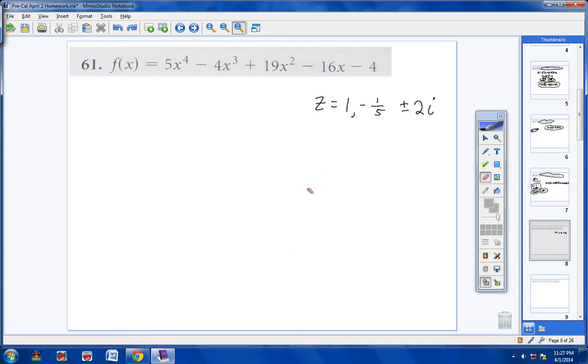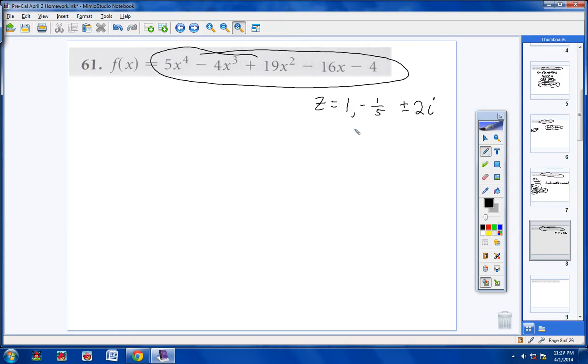Now some of these are real, some of these are imaginary. This is a rational 0, this is a rational, these two are imaginary, but we have found all the zeros. Now they want us to write this expression right here with linear factors. So we take each individual 0 and we change the sign and put it with x. So a 0 is positive 1, so I'm going to put x minus 1.